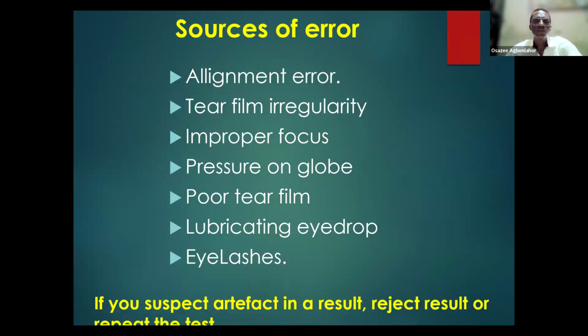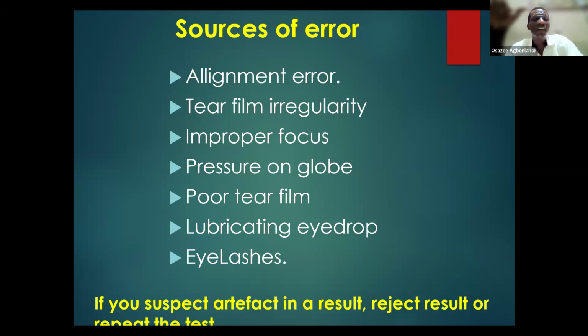Sources of errors. One, alignment error. This is very common for most machines or most procedures we do. You must align the eye very well for you to get the exact or the correct information. Tear film irregularity. In fact, this is one area I remember back then. Before we perform that procedure, the patient must sit down and we put wetting drops.